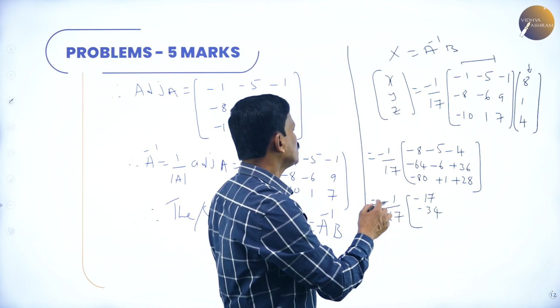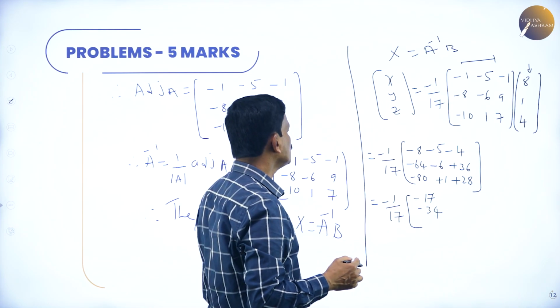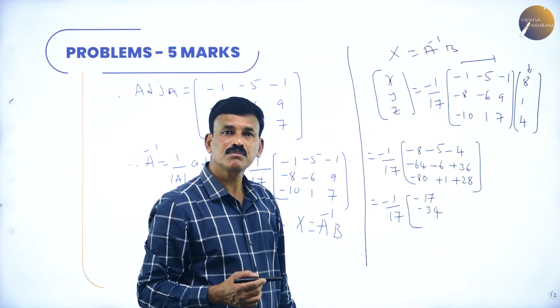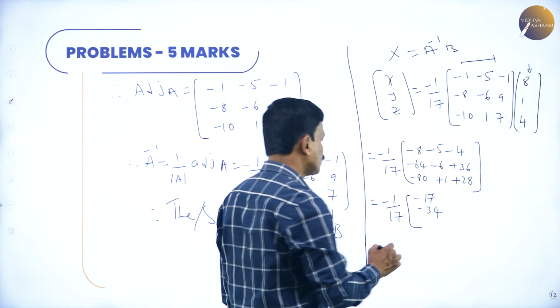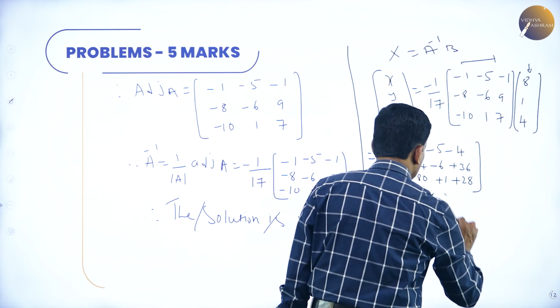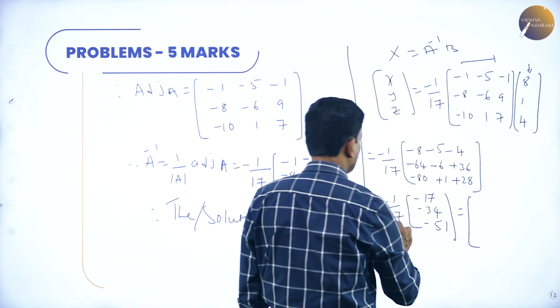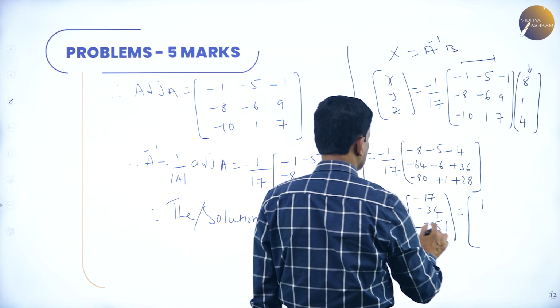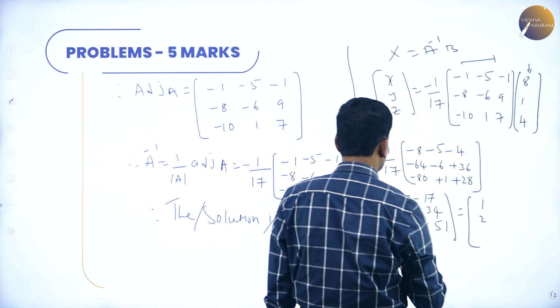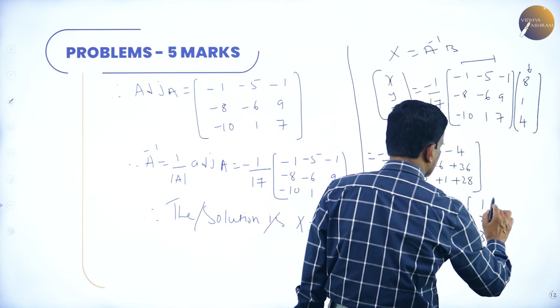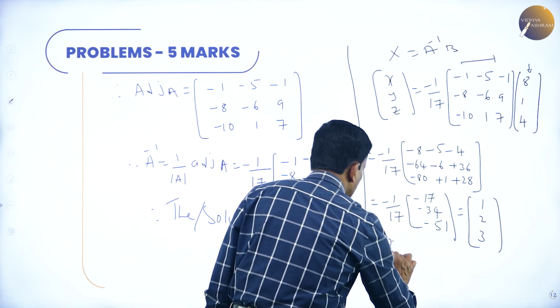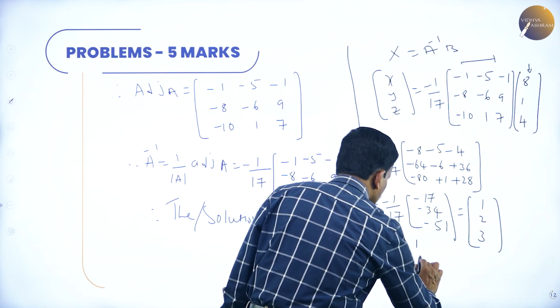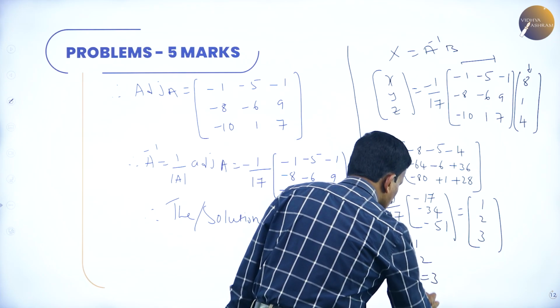Then 28 plus 1 is 29. Minus 80 plus 29 is equal to minus 51. Now divide each and every element by minus 17. Minus and minus get cancelled, 17 by 17 is 1. 17 2s are 34, 17 3s are 51. So therefore, the value of x is equal to 1, y is equal to 2 and z is equal to 3.